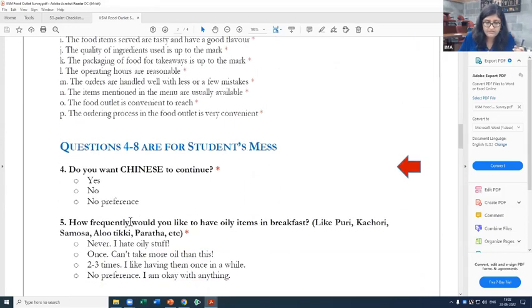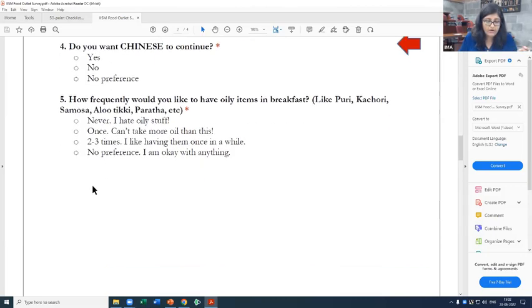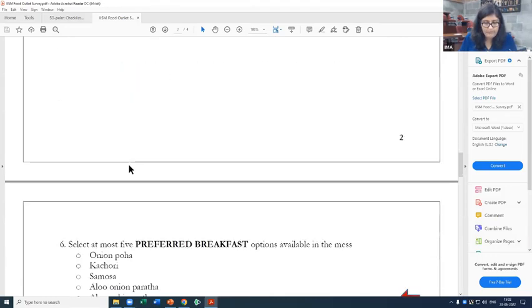The next part of the survey, questions 4 to 8, are for only one outlet, which is the student mess. Do you want Chinese to continue? Yes, no, no preference. How frequently would you like to have oily items in breakfast? Giving some examples, and then 4 options: never, I hate oily stuff; once, I can't take more oil; 2 to 3 times; and no preference.